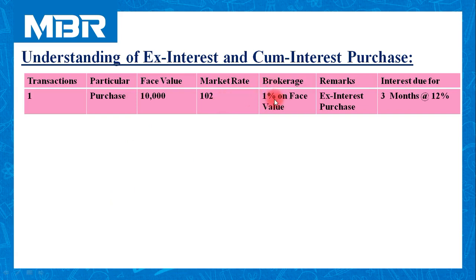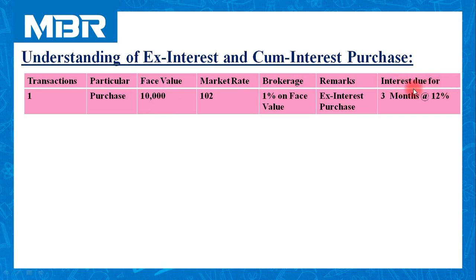1% brokerage, it is clearly mentioned over here, is charged on face value. The remarks are related to purchase: ex-interest purchase. Ex-interest means the price of rupees 102 mentioned over here is only for the security, and interest due on this security is payable extra, which we will discuss at the time of calculation.